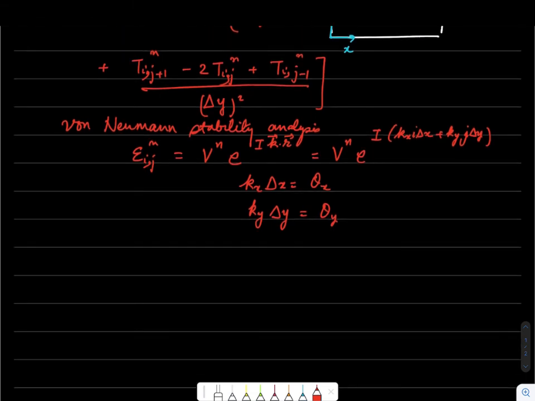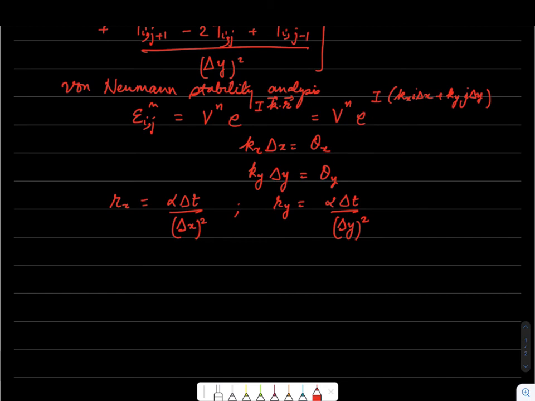Anyhow, using the fact that we'll have these two non-dimensional numbers coming in, alpha delta t by delta x squared, which I'm going to call rx, and alpha delta t by delta y squared, which I'm going to call ry.